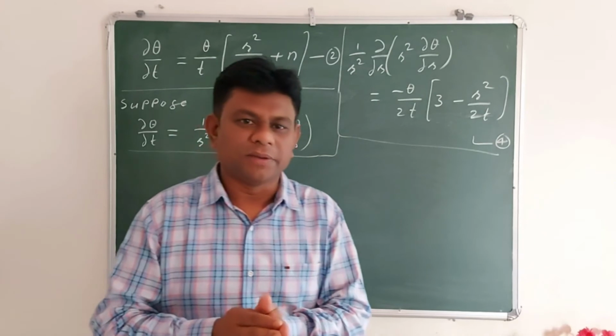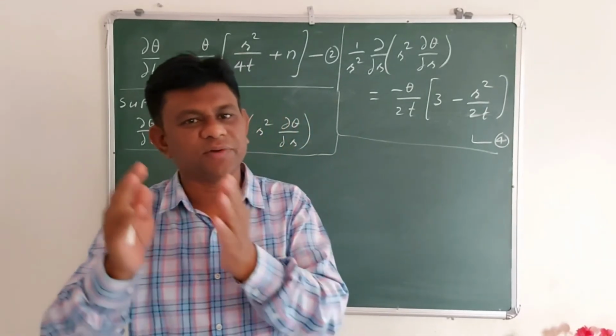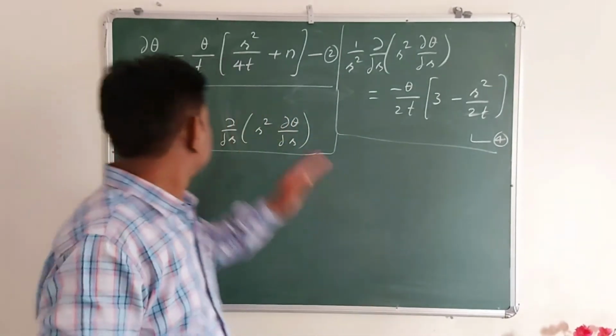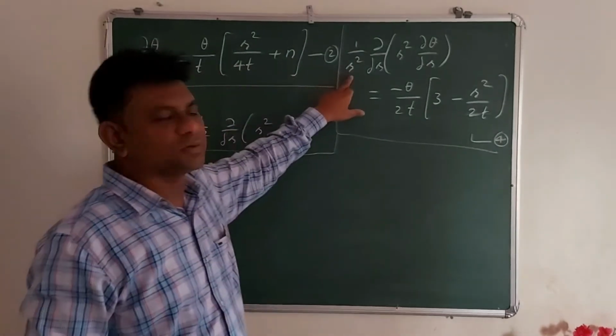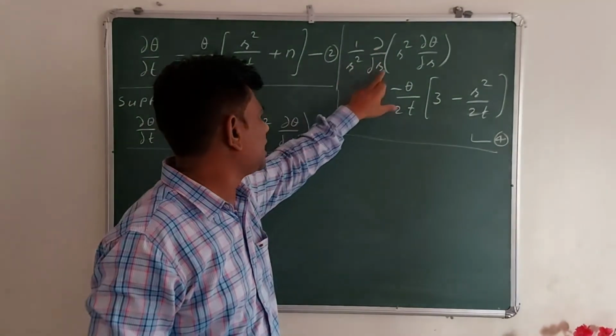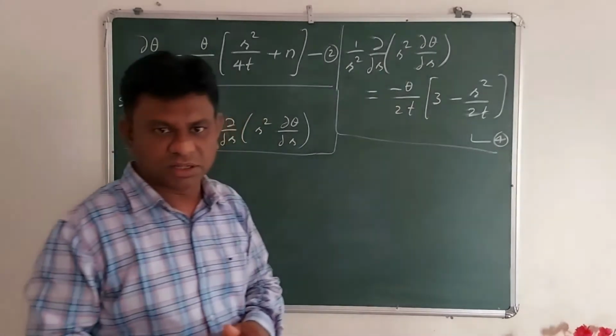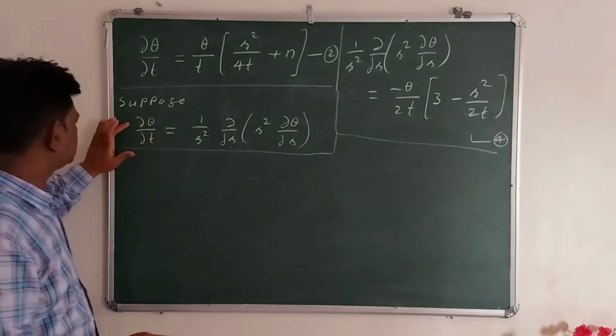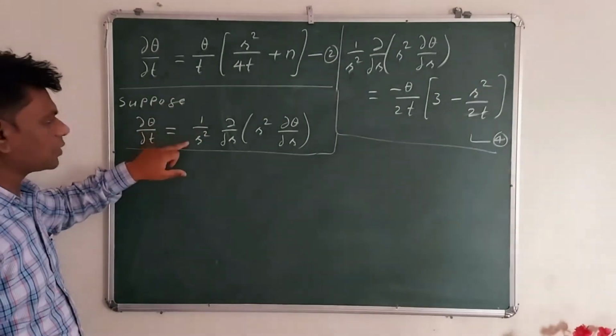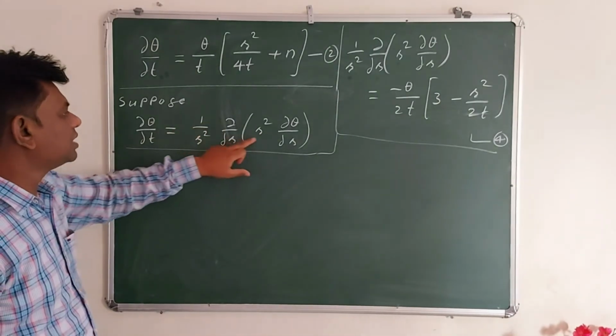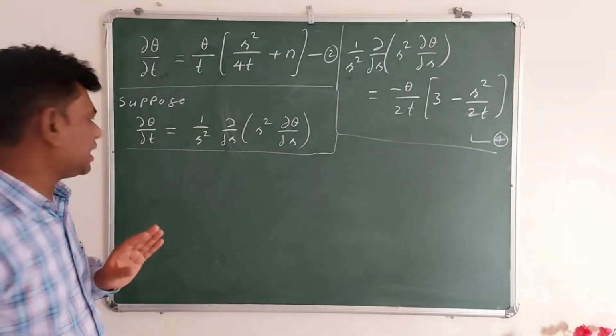Now in this problem, our aim is to find the value of n, so that del theta by del t is equal to 1 upon r square del by del r of r square del theta by del r. So suppose del theta by del t is equal to 1 upon r square del by del r of r square del theta by del r.